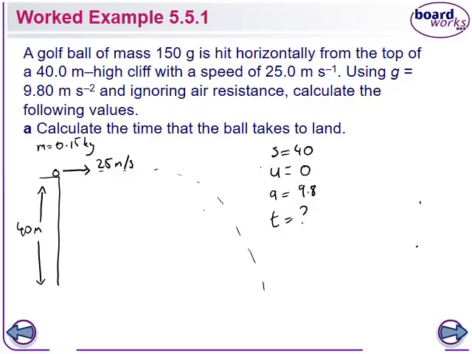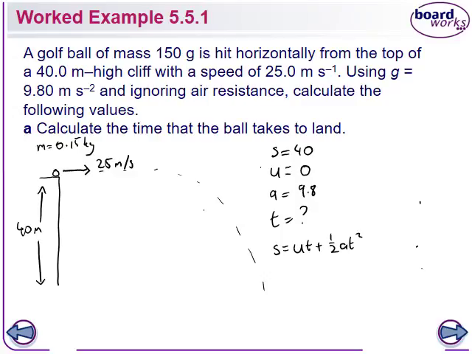Which one? s equals ut plus a half at squared uses those 4. Notice we haven't used anything with v in it because we don't know v and we don't need to find v. So let's use that one: s equals ut plus 1/2 at squared.